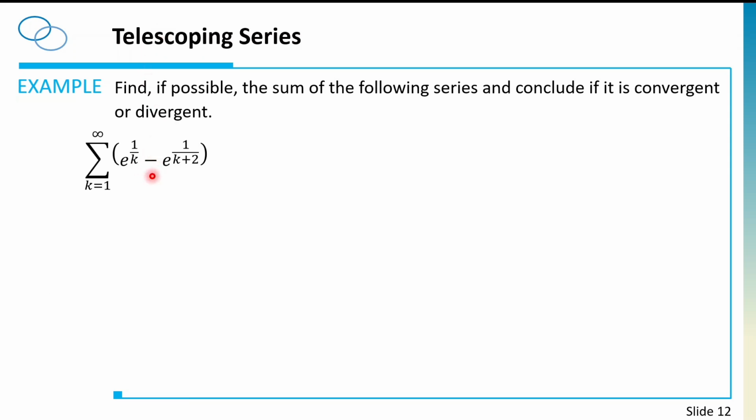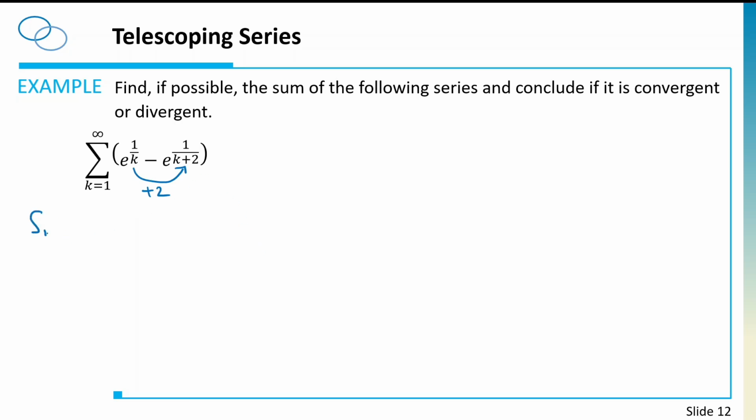There's a negative sign in between, and the two functions I'm subtracting are from the same family: e to the power of 1 over k and e to the power of 1 over k plus 2 look almost the same. Now think about the difference between k and k plus 2. Clearly here, again, I added 2. Okay, let's do it.